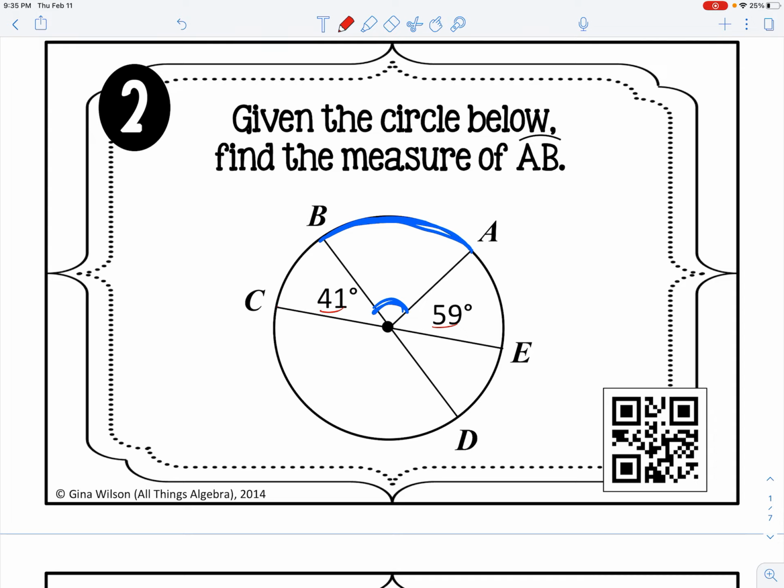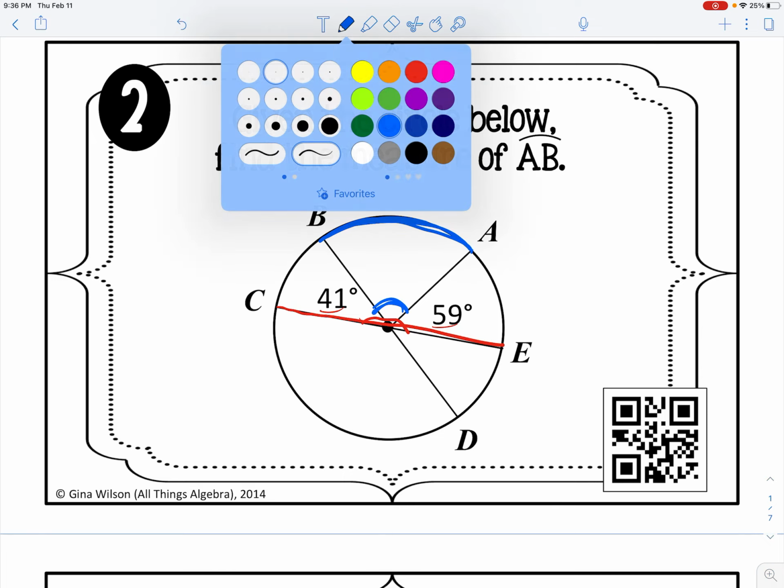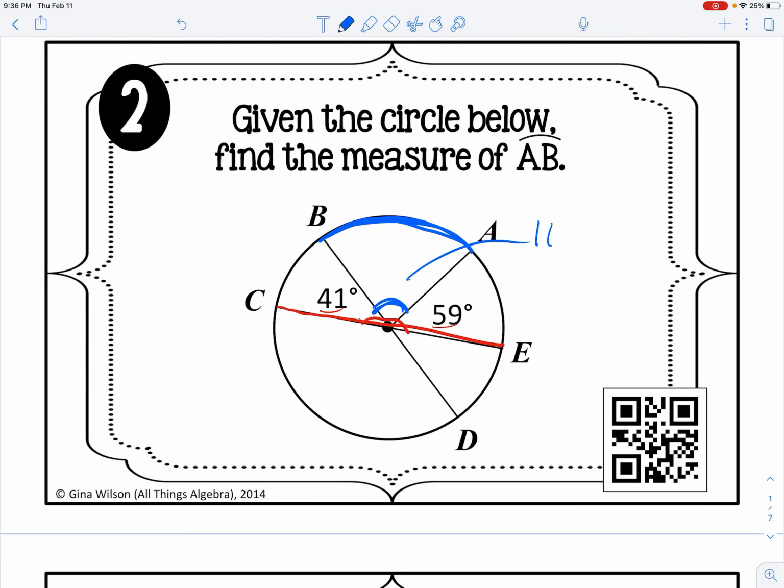Okay. Here we've got a straight line. So we know these three angles have to add to 180. So to get our missing one, I could do 180 minus 59 minus 41. And if we do that, I get 80 degrees, which would be my answer there.